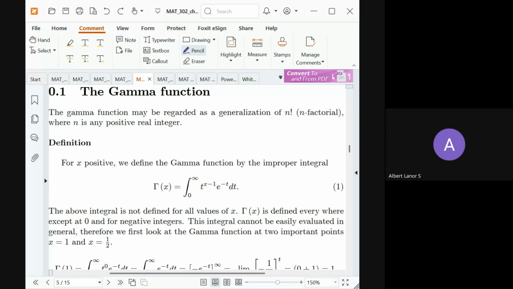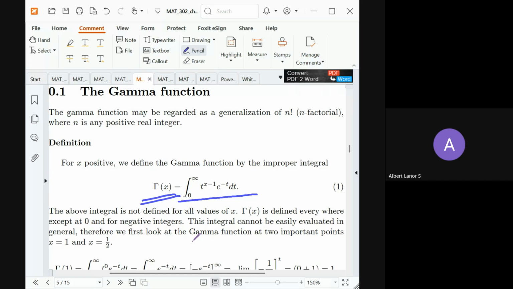Now, for x positive, we define a gamma function by the improper integral. We've not done the Laplace transform yet. So the gamma function, gamma of x, is equal to the integral from 0 to infinity of t to the power x minus 1 times e to the power minus t dt.